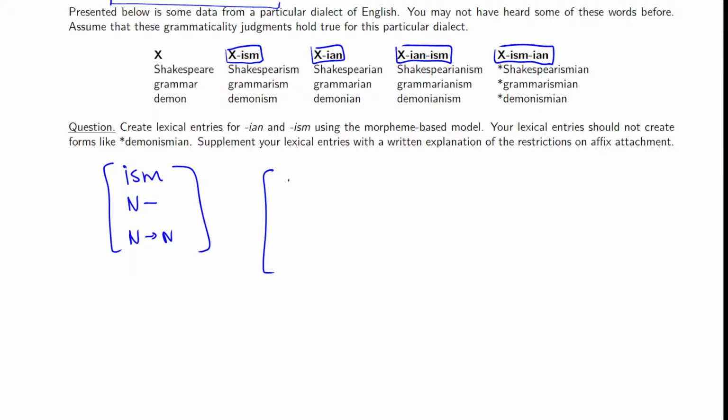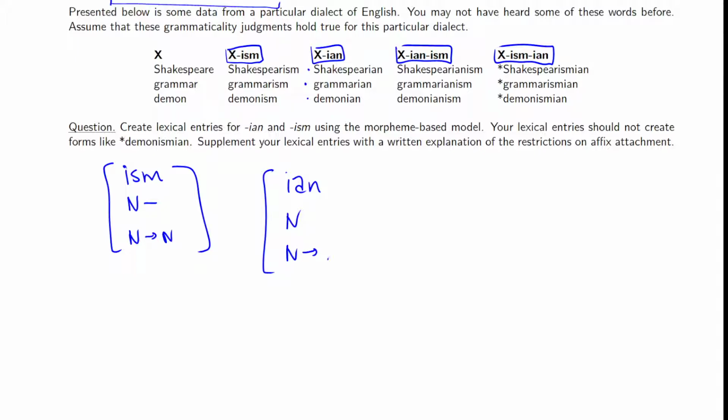Let's do -ian. Okay, so -ian also attaches to nouns, like to Shakespeare or grammar or demon. And it has to attach to the base form there, right? So what does it create? Shakespearean, grammarian, and demonian. Two of those are adjectives, and one of those is a noun.